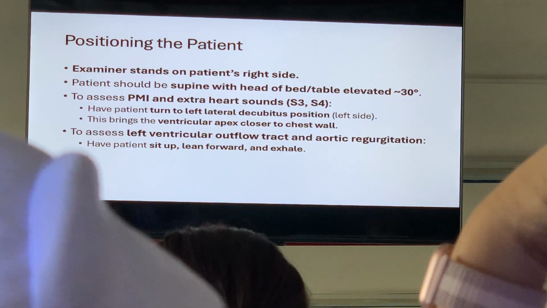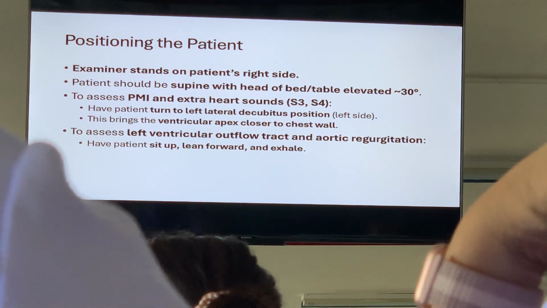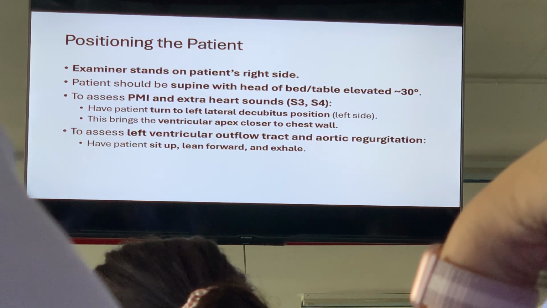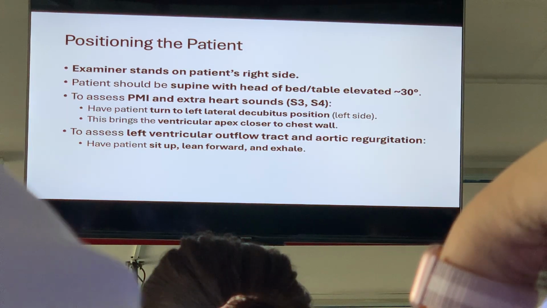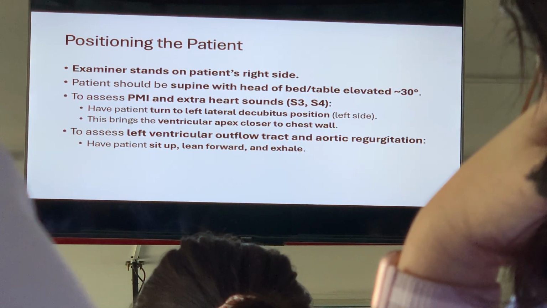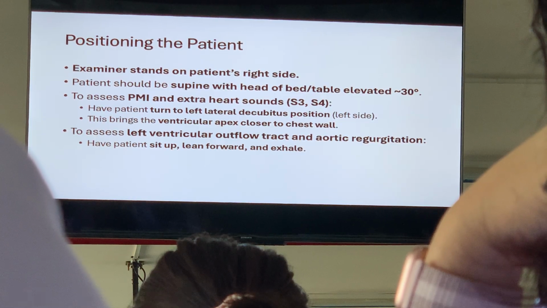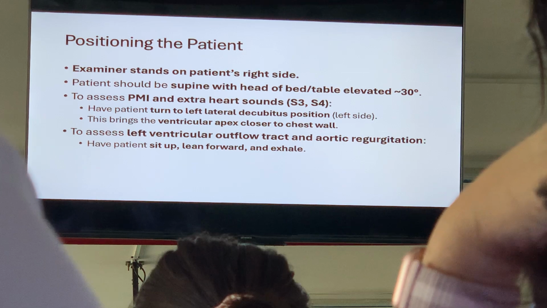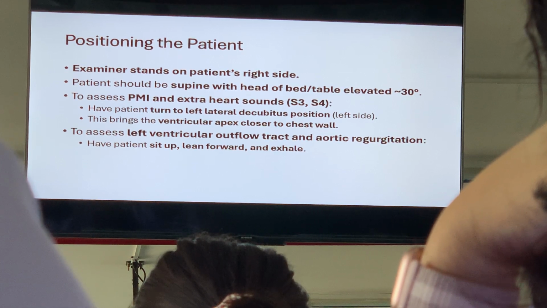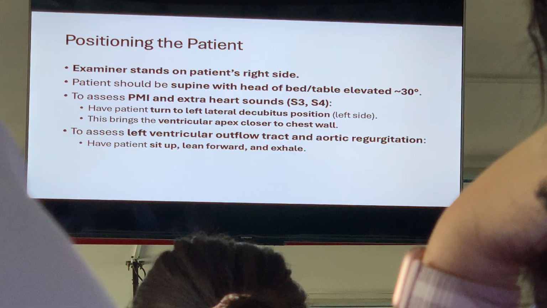Okay, so you're right, it's in the midclavicular line. It's supposed to be on the left, not on the right. You don't have a heart on the right side. So left side, midclavicular, fifth intercostal space. And it should be a bit medial, not lateral. So once you feel that, you palpate and you assess. That's where you feel for the PMI and you listen.